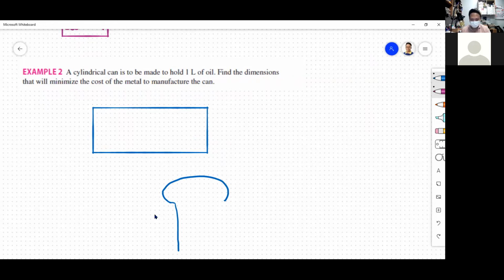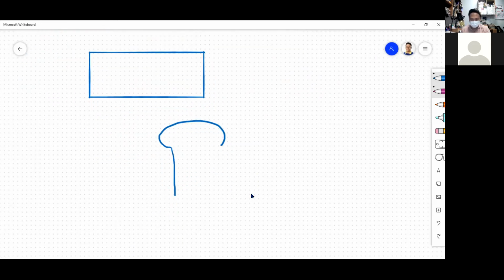We do this, and then this, there. Can you imagine what happens? If this is the flat surface and I form it into a can, it takes on the shape of a can, right?